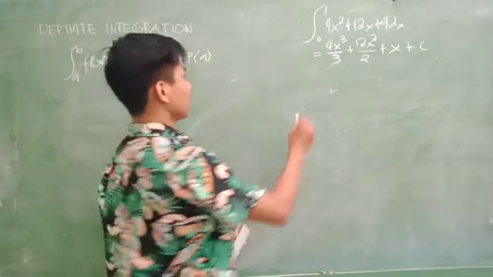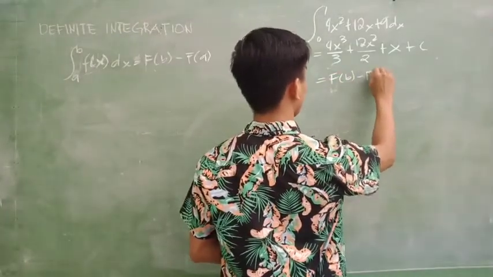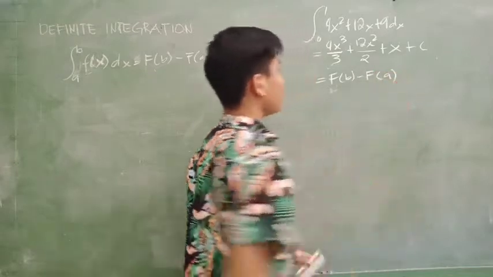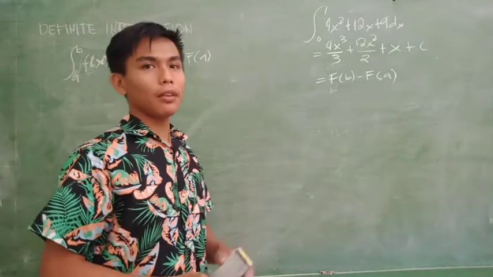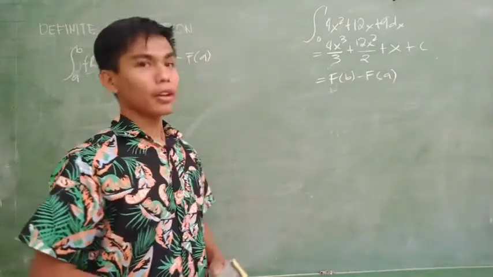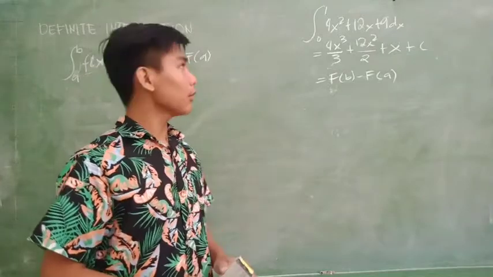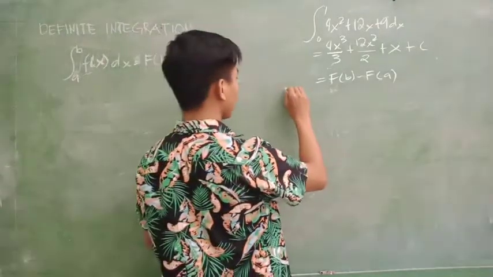But since we are aiming for the definite integration, you have to apply its formula, which is F of b minus F of a. Okay. F of b minus F of a. After applying this formula, you have to substitute the given intervals. Our upper limit or upper interval is 1 and our lower interval is 0. So our F of b is F of 1.